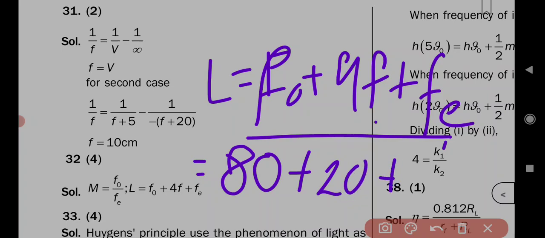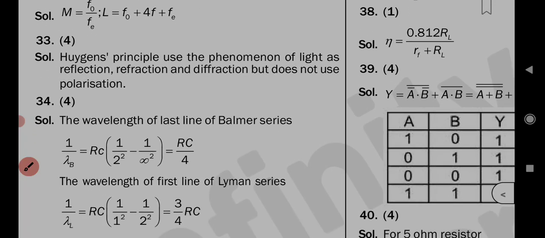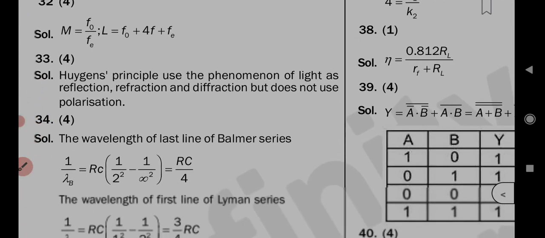Fe we need to find out. Okay, so this will be 100. And okay, we'll check this question later, guys. This is a very lengthy question. We'll do it in a detailed session.